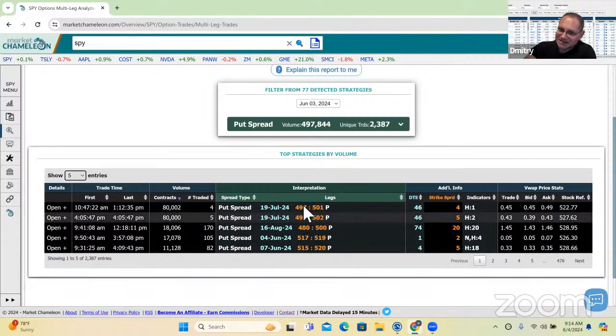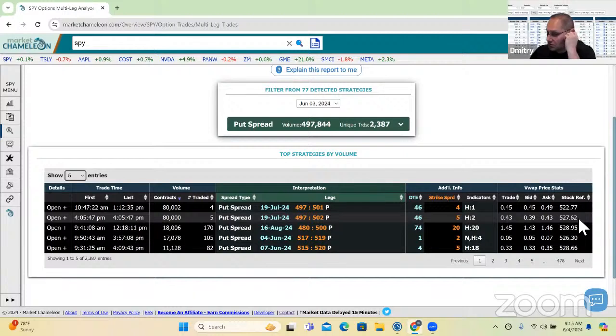It's the 497/502 strike instead of the 501/502 strike. 46 days to expiration, $5 between the 2 strikes. That traded two times historically, and this one traded at 43 cents. And this is the bid and the offer, 39 cents, 43 cents, with the stock price 527.62.